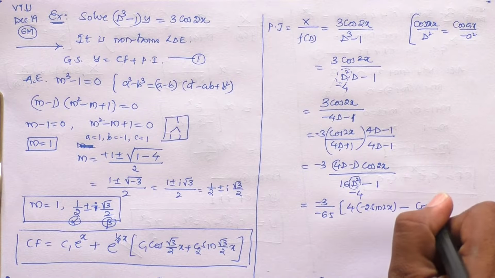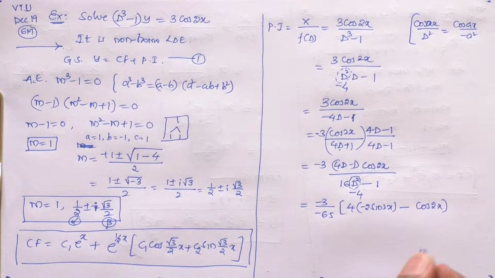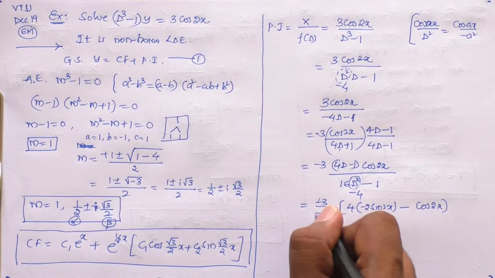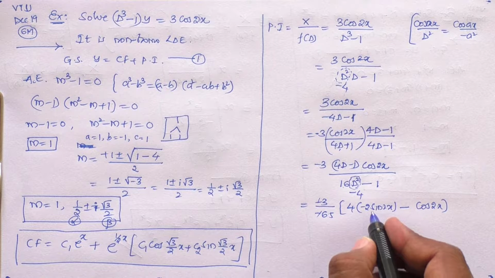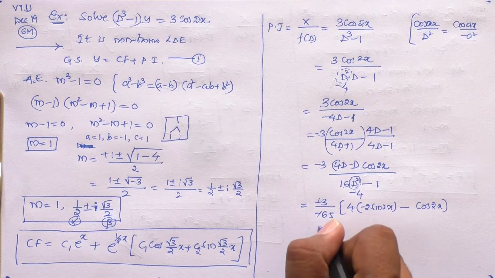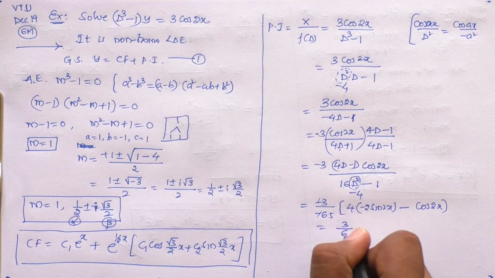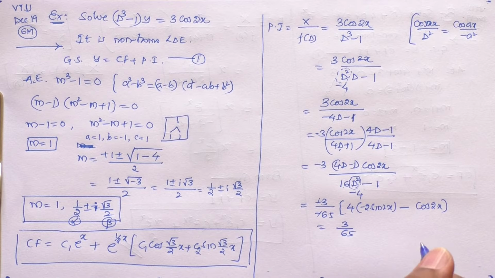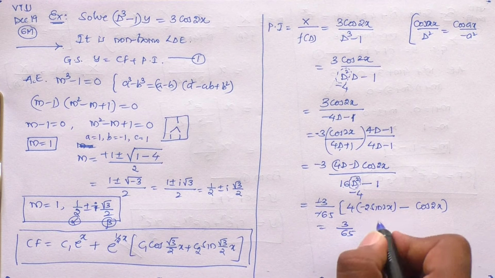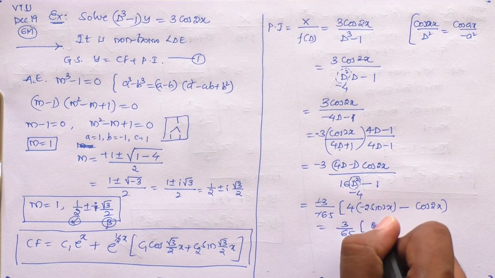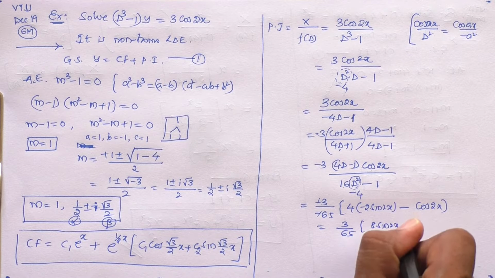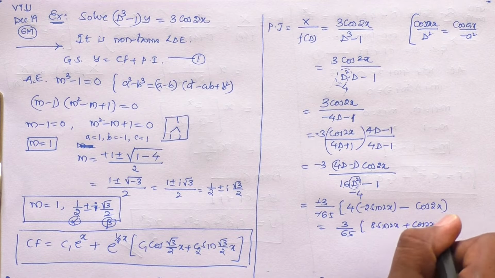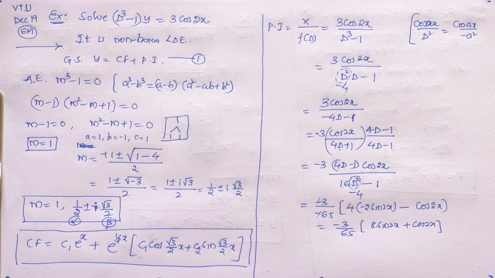So minus cos 2x. So finally it can be written as, minus minus gets cancelled, so here we have a common minus sign. So 3 by 65 into bracket 8 sin 2x plus cos 2x, where we can take the minus sign outside.